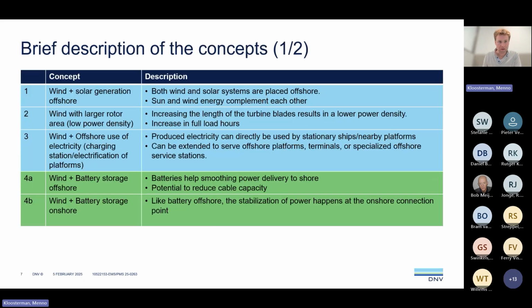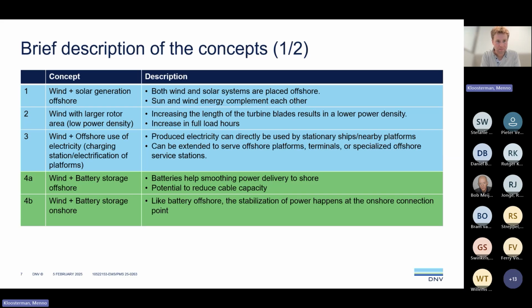Then looking at the concepts that we looked at, the initial 11. I'm afraid it's a bit of a boring list, but the concepts consisted of a couple of concepts with wind and solar generation.